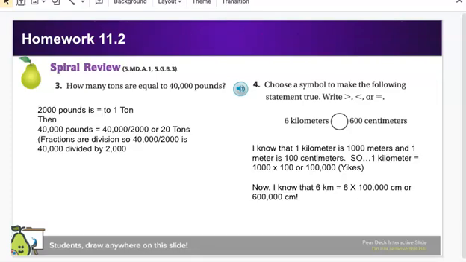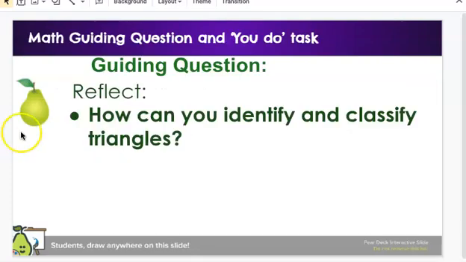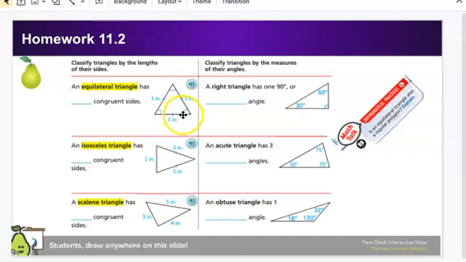All right, well done. So how can you identify and classify triangles? Remember, you're looking at their sides and which of these sides are the same length. If all three are the same length, they are equilateral. If just two of them are the same length, they are isosceles. And if none of them are the same length, they are scalene. I can always remember these because of the S. You can also classify them by the angles.